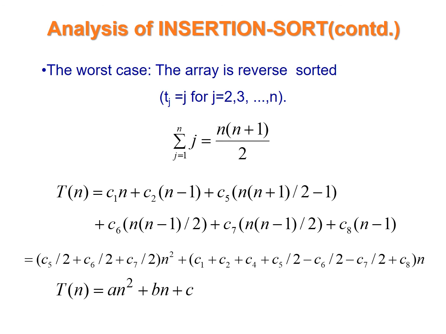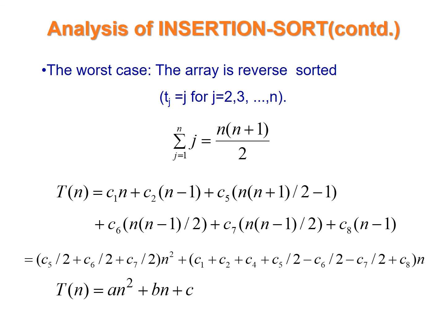Then T of n equals C1 n plus C2 times n minus 1 plus C5 times n times n plus 1 over 2 minus 1 plus C6 times n times n minus 1 over 2 plus C7 times n times n minus 1 over 2 plus C8 times n minus 1.